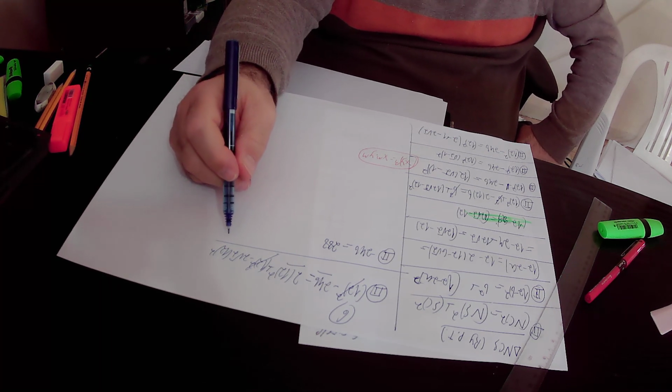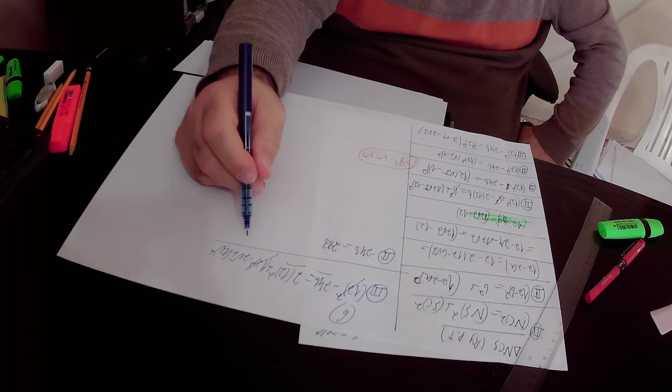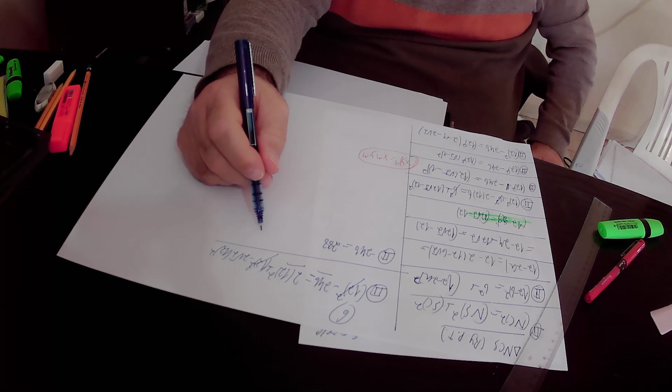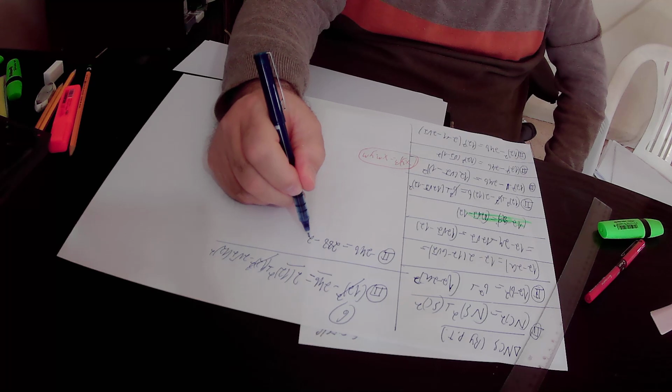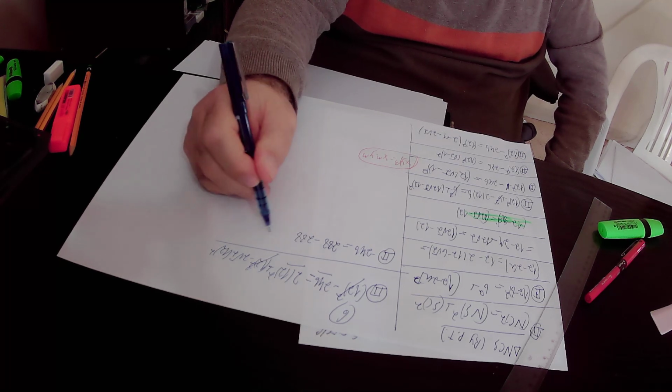Here we have 12 squared times minus 2. 12 squared is 144 times minus 2 is minus 288 times square root of 2.